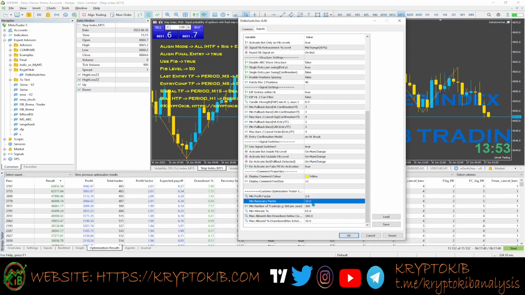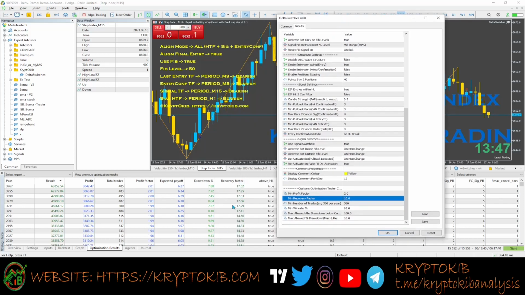The same thing with this place. Any profit factor, as you can see here, and recovery factor. This is the recovery factor column here. If it's below 10.0, it gets penalized. Any year that doesn't make up to 360 trades, as you can see, total trades here is 485 trades.